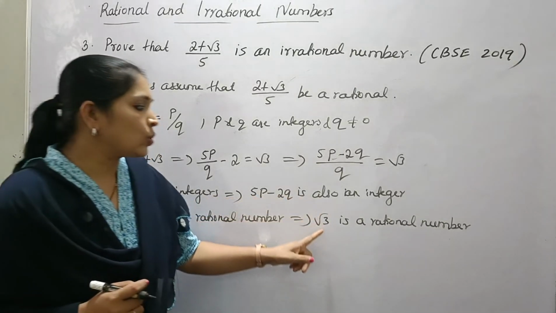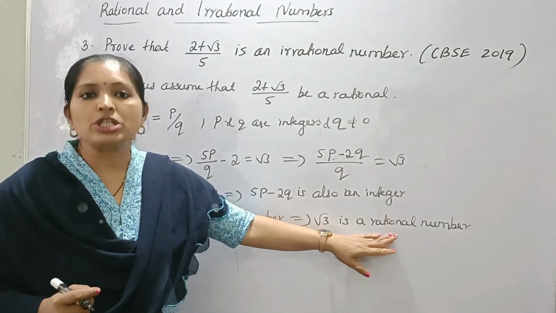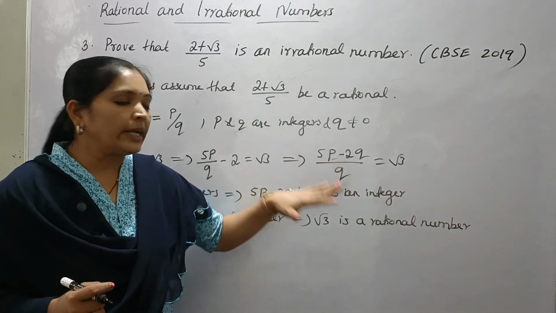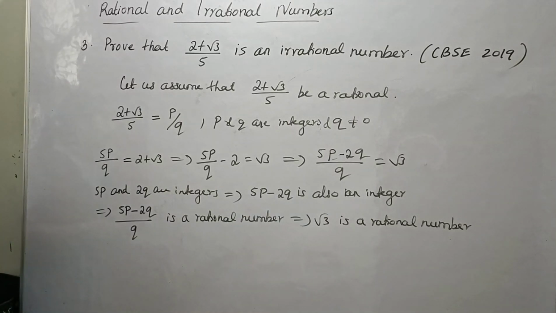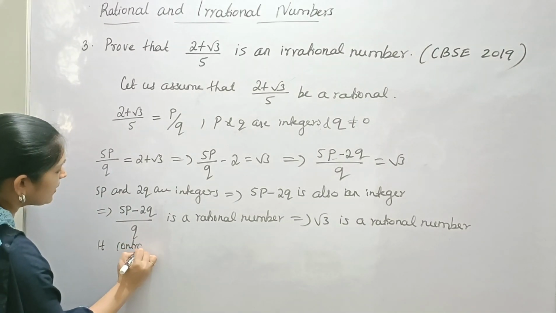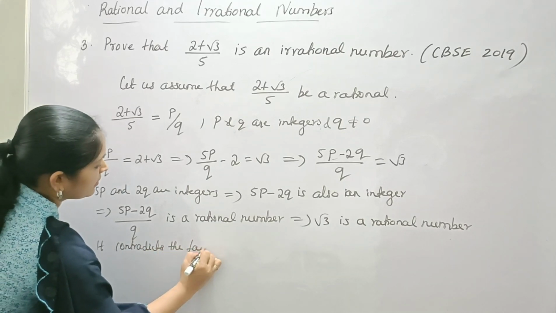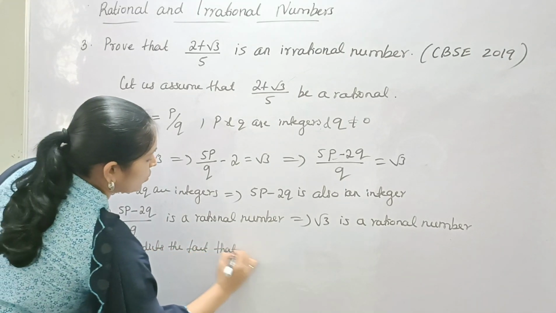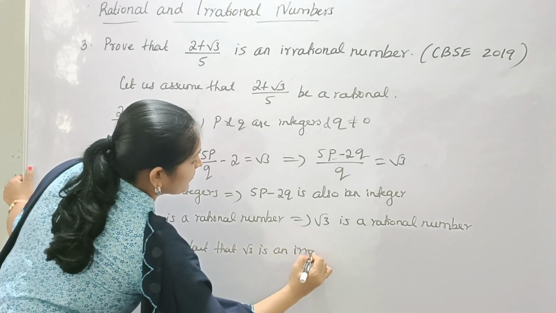So here we have got root 3 is a rational number, and it contradicts the fact that root 3 is an irrational number.